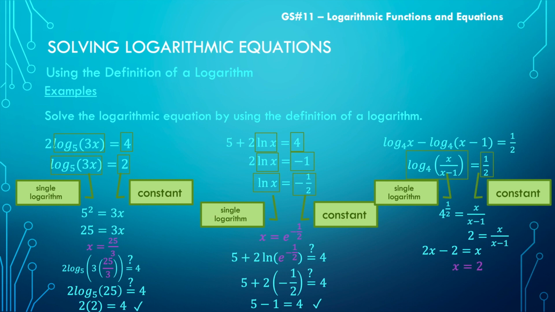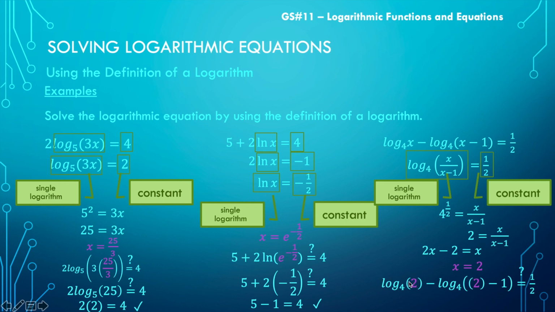All right, let's double check and make sure that this actually satisfies our equation. Log base 4 of 2 minus log base 4 of 2 minus 1, is that equal to 1/2? Well, let's look at the first logarithm first. Log base 4 of 2. Well, 2 squared is 4, so 4 to the 1/2 power will be 2.